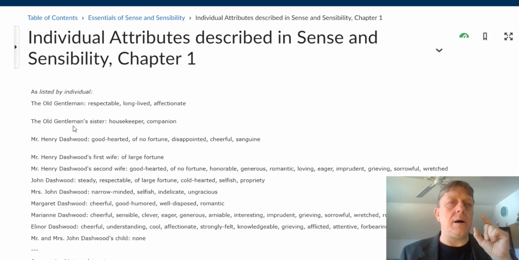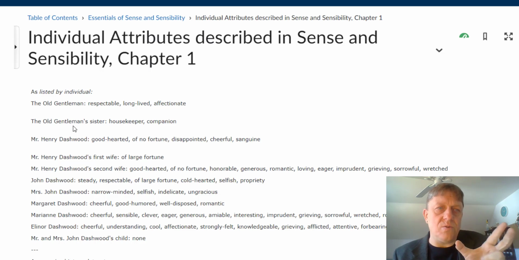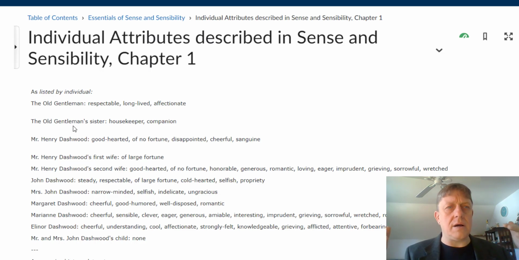But what that list can't do is to describe similarities and differences, right? Notice that there are some words that appear over and over again. There's of large fortune, there's of no fortune, there's romantic that appears again over and over, grieving, sorrowful, wretched, respectable, cheerful.